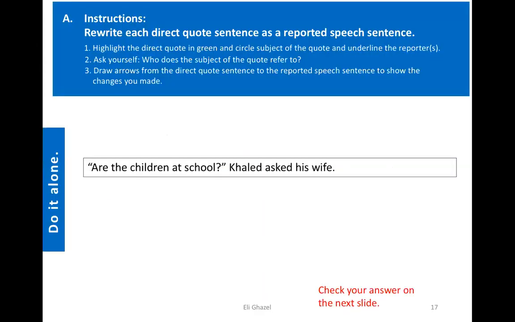Let's try now to do it alone. Here are our instructions. So we've given the students some incremental experiences, and now we're going to say, well, let's see if you can do it alone. Highlight the direct quote in green. Now, slowing the process for the students helps them think something through. It's visible thinking.